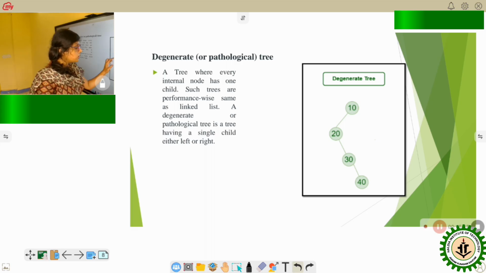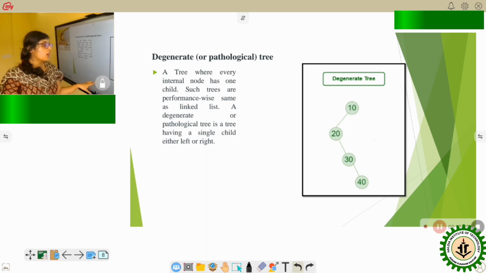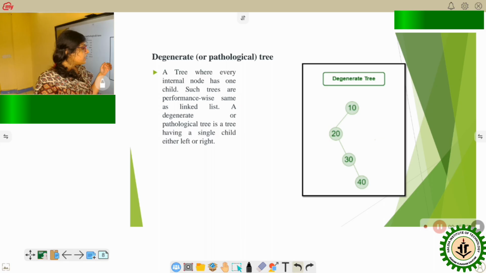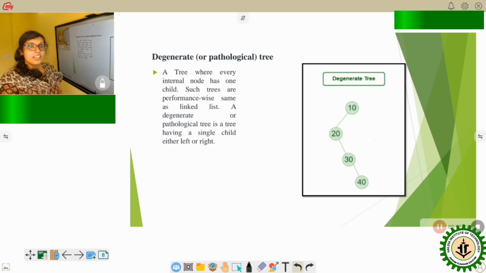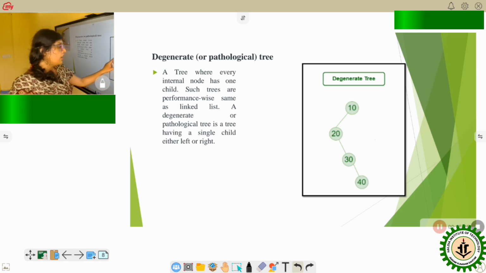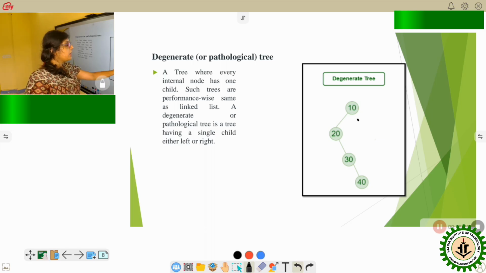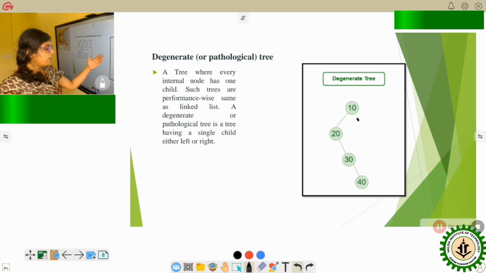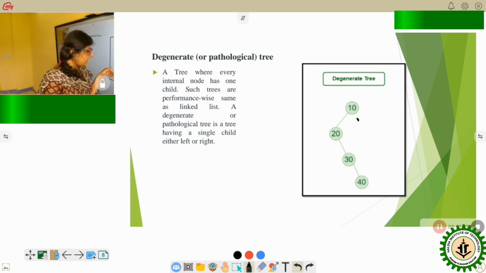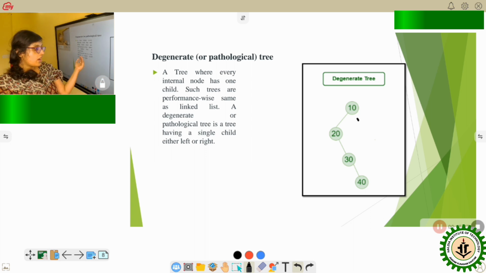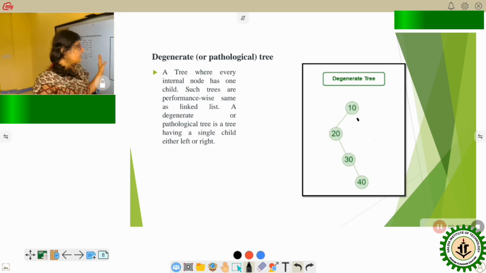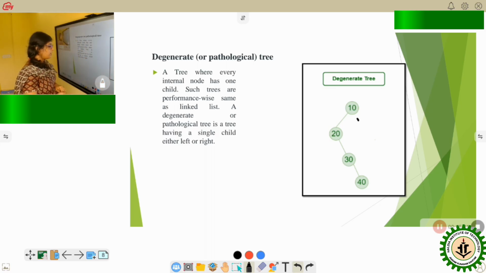Every node has only one child. It can be a left child, it can be a right child. So 10 has a left child 20, next 20 has a right child 30, 30 has a right child 40. This is a type of degenerate tree.